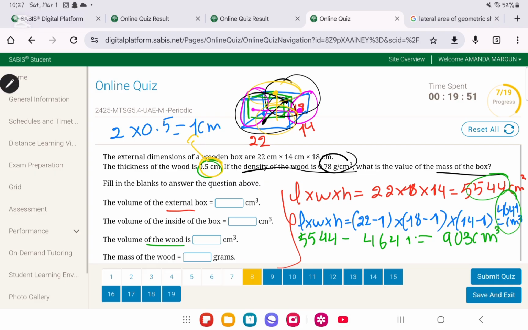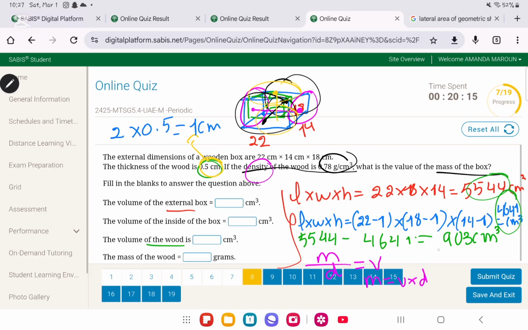Now, for the last part, they are asking us for the mass of the wood. We are given the density, and you should remember this equation, that the mass over density is equal to the volume. So if you need to find the mass, it will be equal to volume times density.